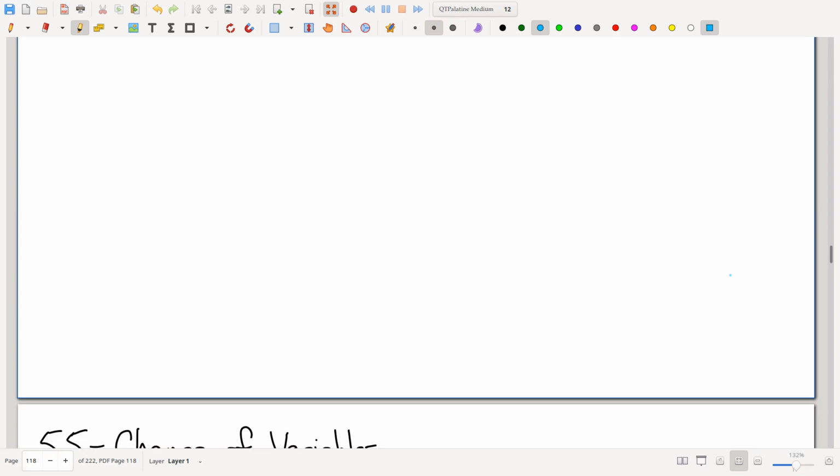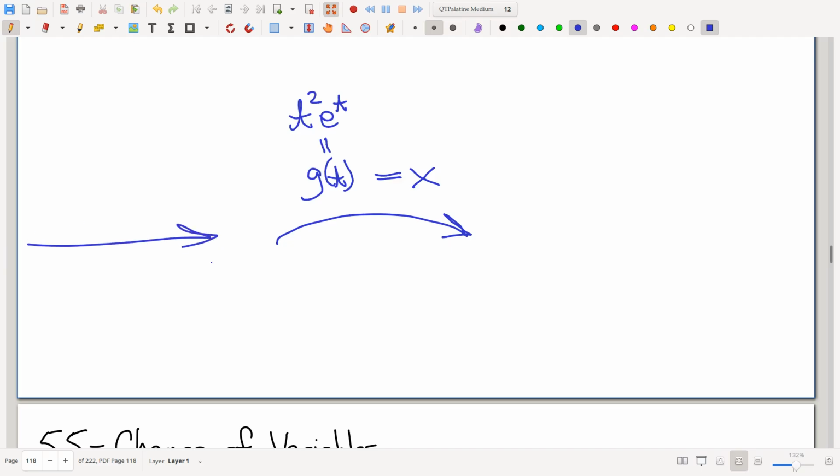This is no big deal, but let's suppose that my relationship is that x is g of t, and that this formula is t squared e to the t, whatever. Some formula like that. Right, so again, t is the input, and then x is the output.